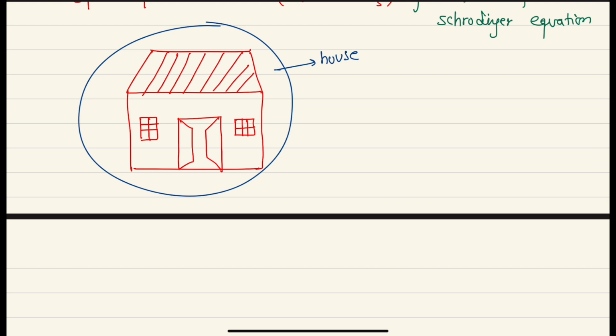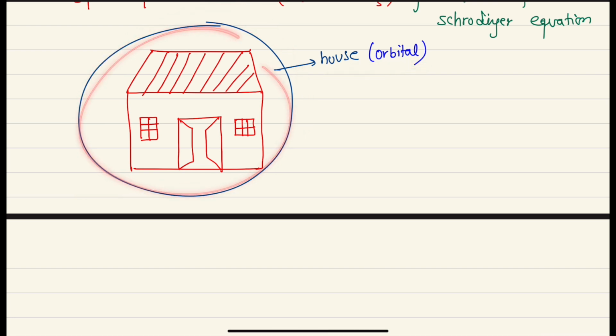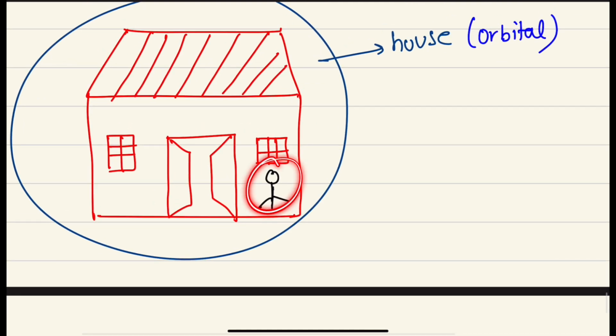Imagine the whole house is working as an orbital. And inside this house, a person is there. Suppose this is your person, one guy standing here, living in this house.